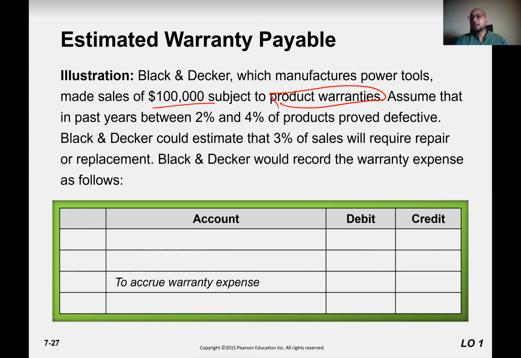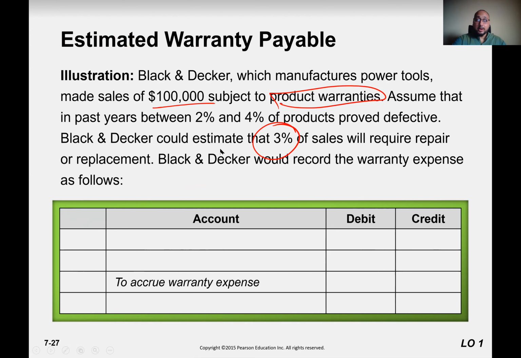Which is the accounts receivable through sales. Assume that in the past year between 2% to 4% of products proved defective. It means 2 to 4% of products are defective and customers applied for warranty claims. So they estimated that 3% of the sales are going to require warranty services or replacement charges.